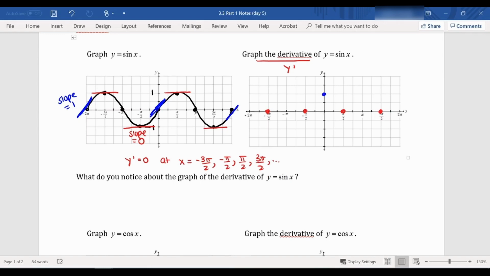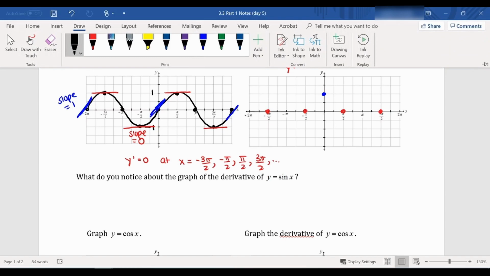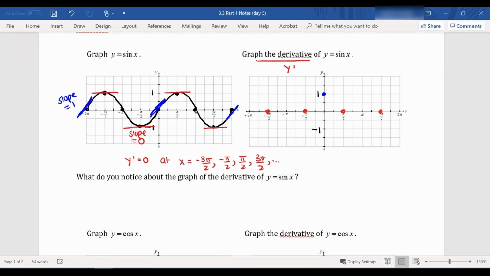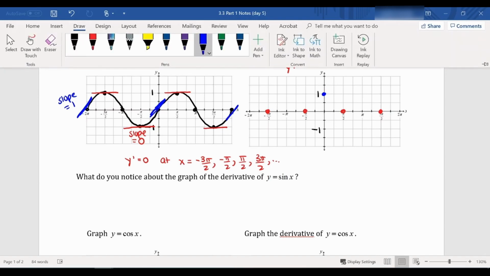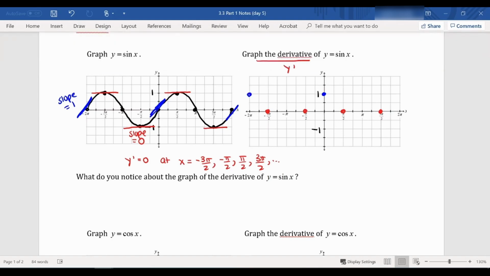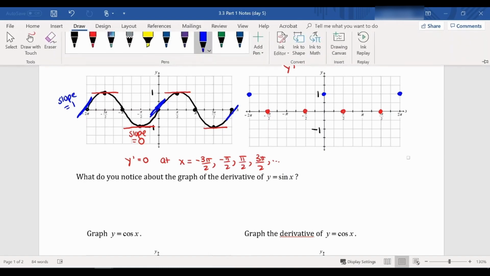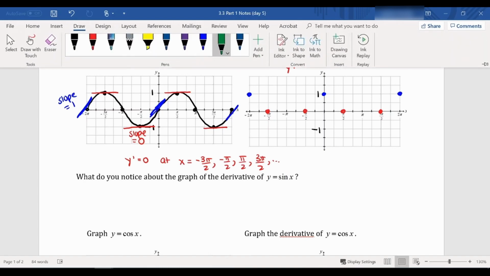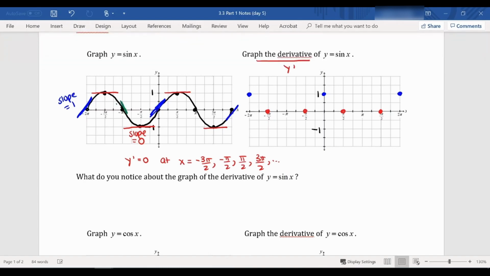I should probably actually label my y-axis here. At negative 2 pi, I have a slope of 1. And at 2 pi, I have a slope of 1. And in between, we can see that we have negative slopes at pi and negative pi. And our slopes there are actually -1.